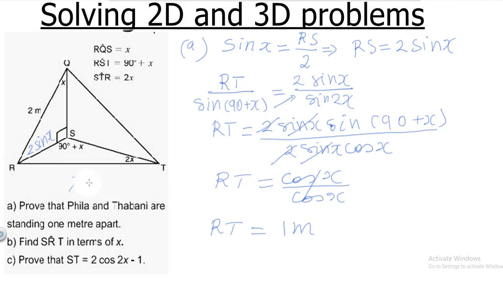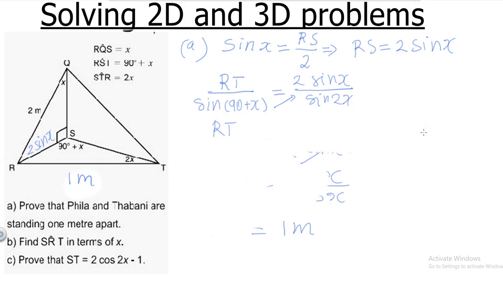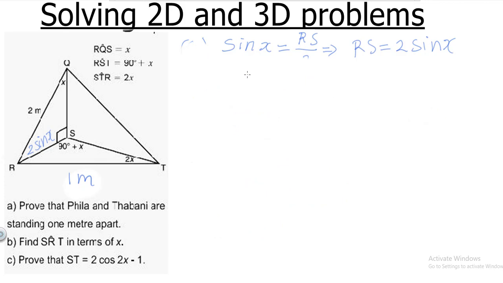So we are done. So we got it. All right. Now, as we have here it's 1 meter, now let's go to question B. Question B is very simple, because remember the sum of angles in a triangle is 180.